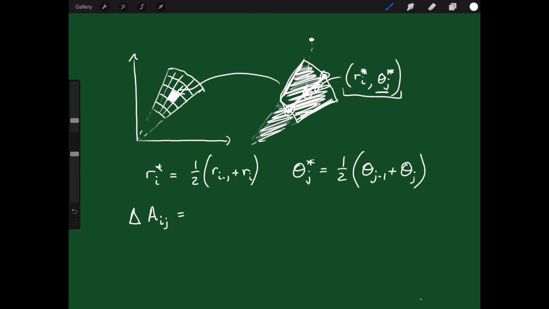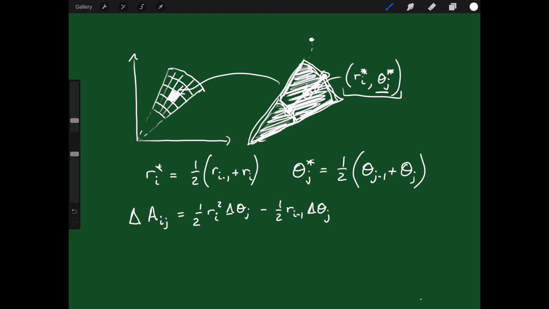Okay, and that will just leave us with what's inside of this polar rectangle. So I want to take 1/2 of r sub i squared times delta theta sub j, which is the area of this big piece, and then subtract out 1/2 of r sub i minus 1 squared times delta theta sub j, which is the area of this little piece.